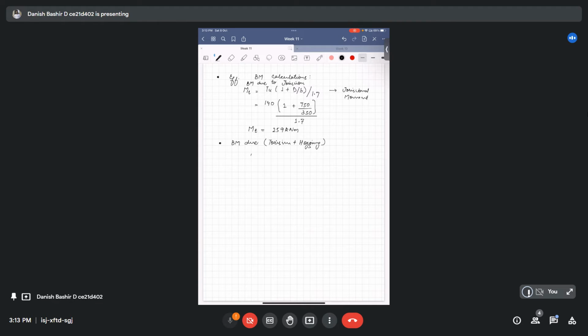For that, the code has given the formula: torsional moment Mt plus or minus Mu. We will check both scenarios. Mt is 259, plus or minus 200. So we get two scenarios. In one scenario, we get 459 kilonewton meter, and in the other, 59 kilonewton meter. This will be flexural tension at top.